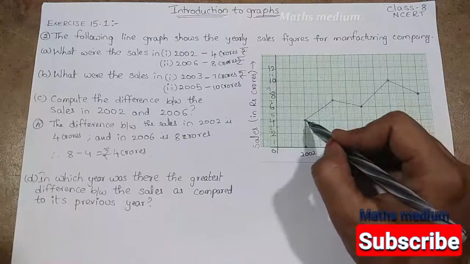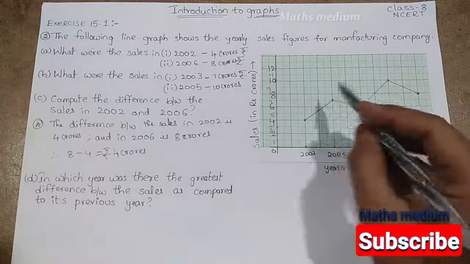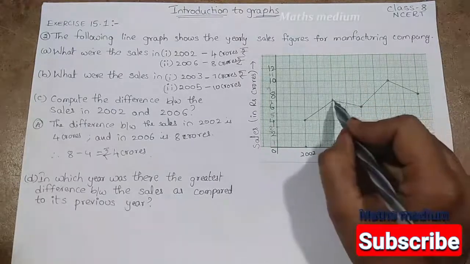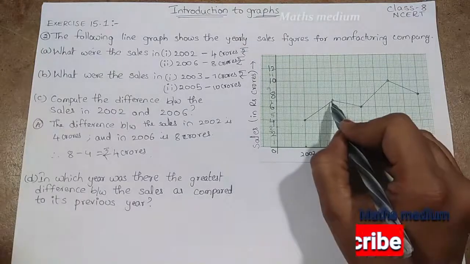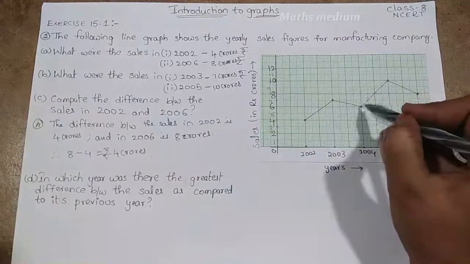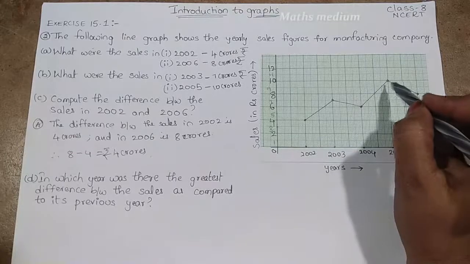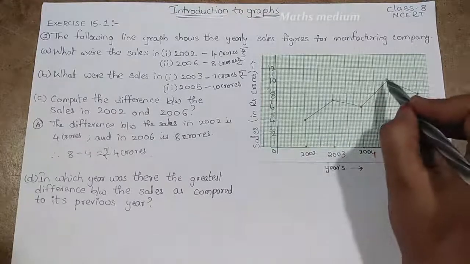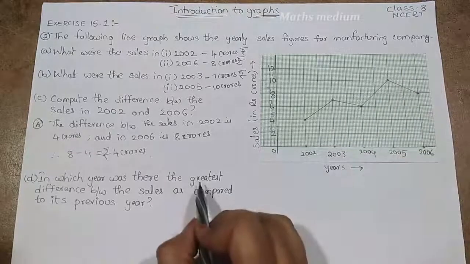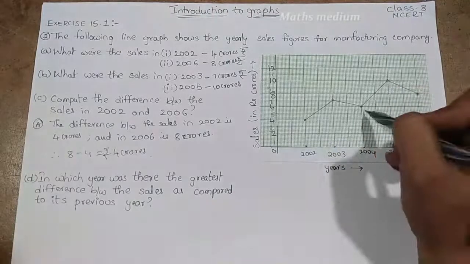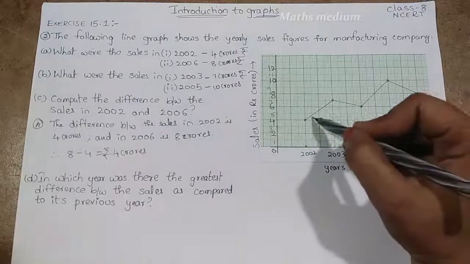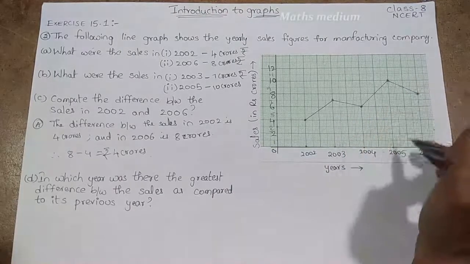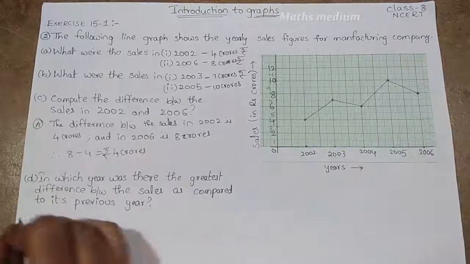But compared to 2004 this is lowest. So this is not the greatest, right? After that, see here, this is 2005. In this one, this is the most increase. It means that is the greatest, compared to the previous year. So we have to take the year 2005.